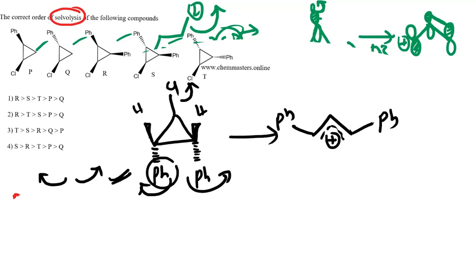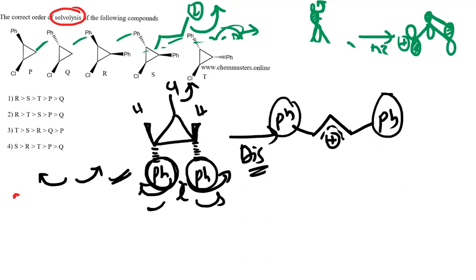So in a reactant where two phenyl groups are on the same side, high steric strain can be seen. That's why through this allowed disrotation, it produces a stable allyl cation where the bulky phenyl groups move away from each other.